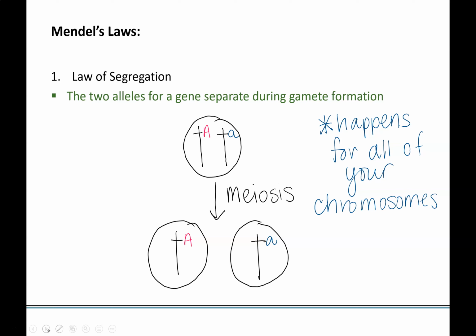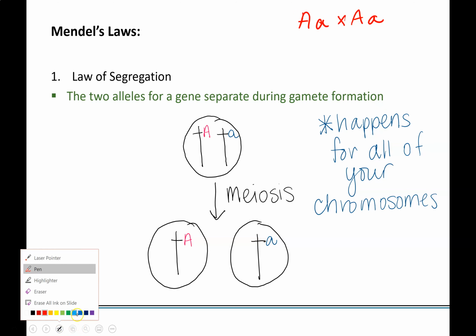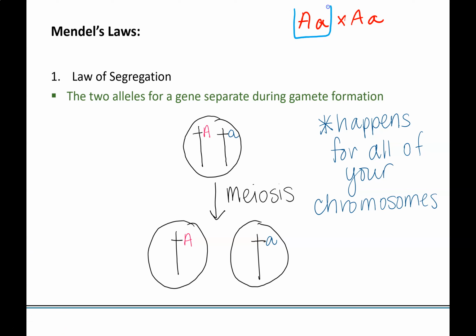So for the last example, where we were doing, let's say, the big A cross big A, little a, these represent parent 1 and parent 2, and they're each going to produce their own gametes.